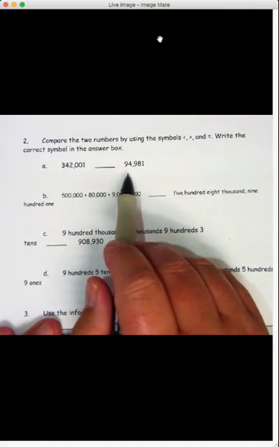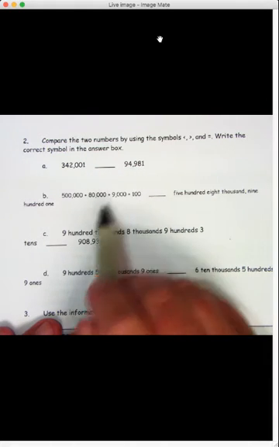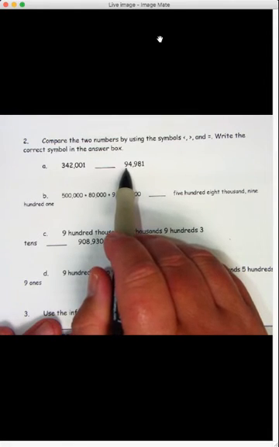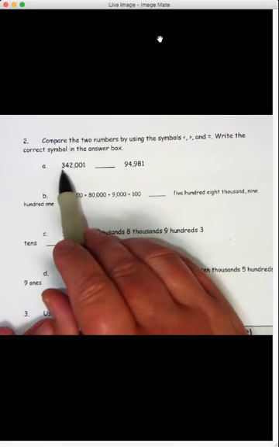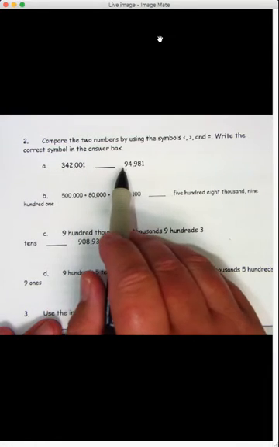So we've got to look at each place. And let's look at the biggest place that each number has. This one has a 9, and what place is that? A 9 in the 10,000s place. This one has a 3 in the 100,000s place. So this one does not have any numbers in the 100,000s place.